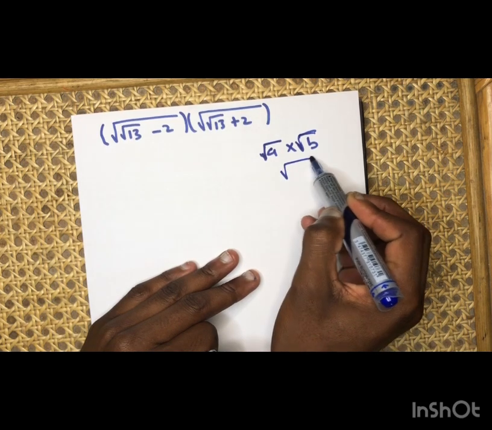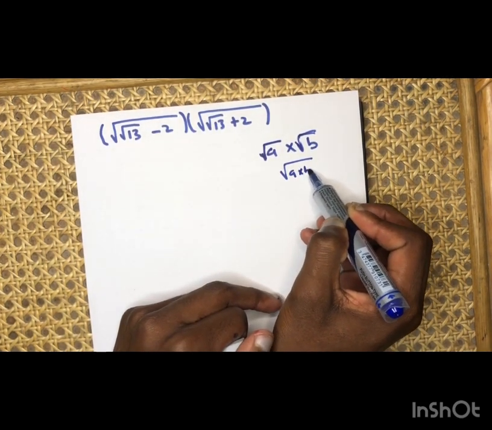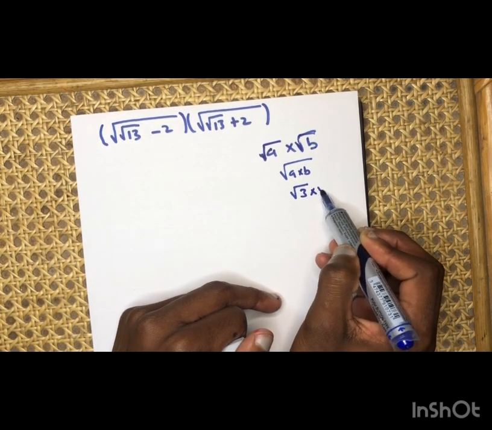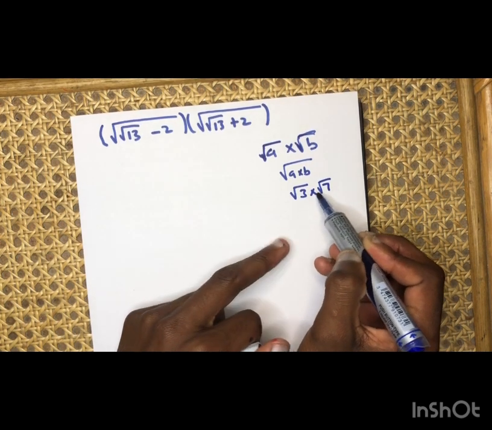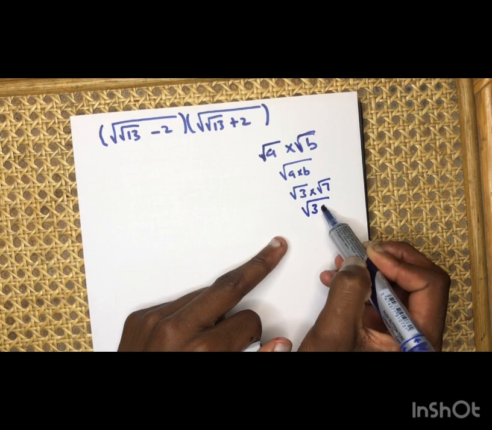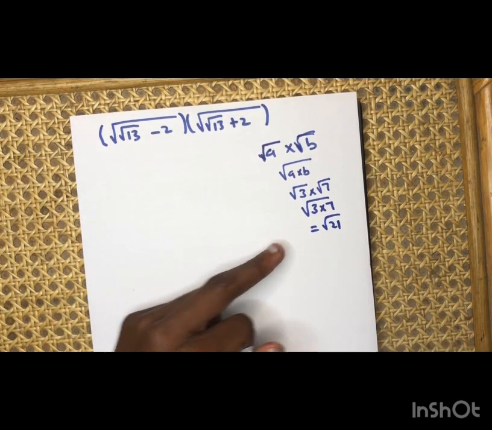I'm going to take one square root and multiply what I have inside, which means I'm going to say a times b. The same applies if I have square root of 3 times square root of 7. The square roots are the same, so I'm going to take one square root and multiply what I have inside, which in this case is root 21.